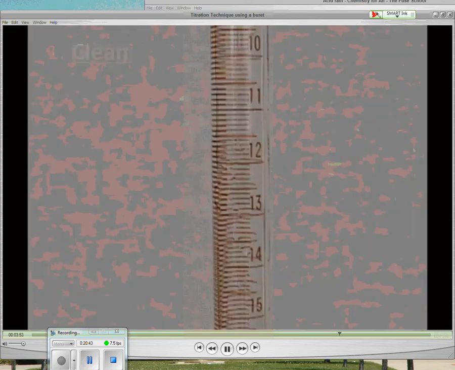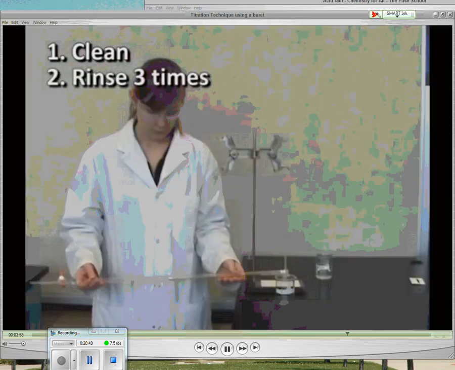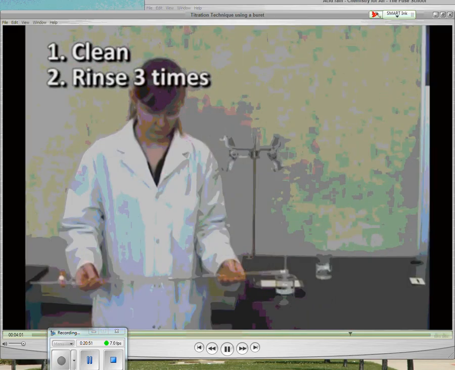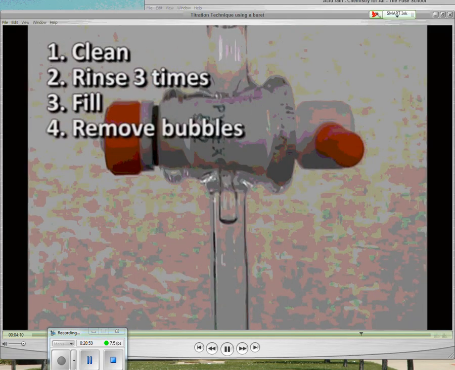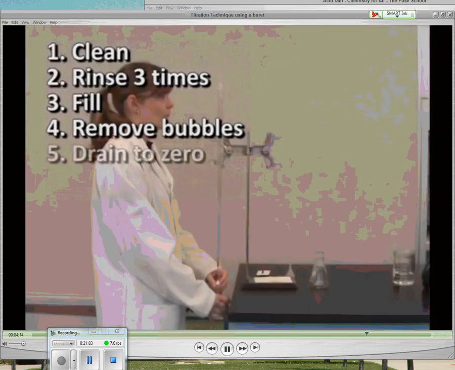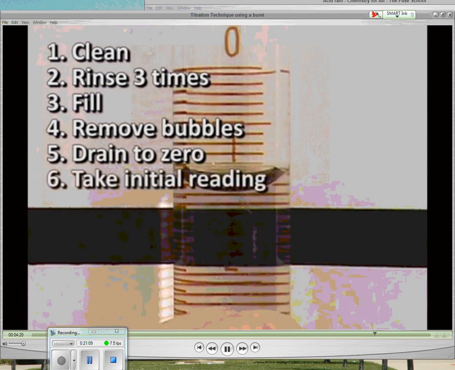Let's review the steps. Make sure the burette is clean. Rinse 3 times with small portions of titrant. Fill the burette with titrant to above the 0 mark. Remove any bubbles. Drain to 0 or below. Take initial reading.